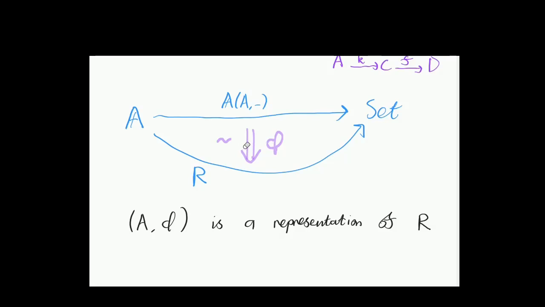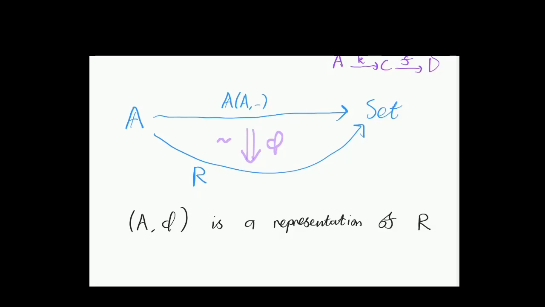So basically, the idea is that when R is representable, that means that we're going to have an object A in our category scripty A, such that this hom functor, scripty A of A comma blank, is naturally isomorphic to this category R. So a way you can think of this is, think about, say, the category of functors from scripty A to set, then this hom functor and R are going to be objects of that category.